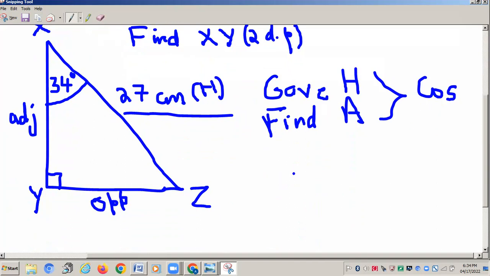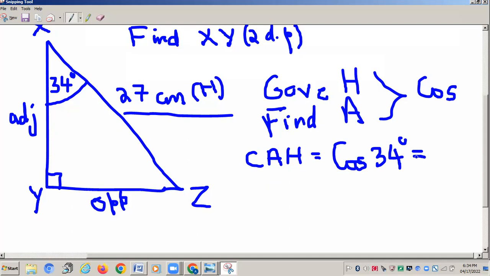Now the formula for cos: it's cos of an angle. What's the angle? 34. The formula is adjacent, which is XY, divided by the hypotenuse, which is 27. And that's the setting out.